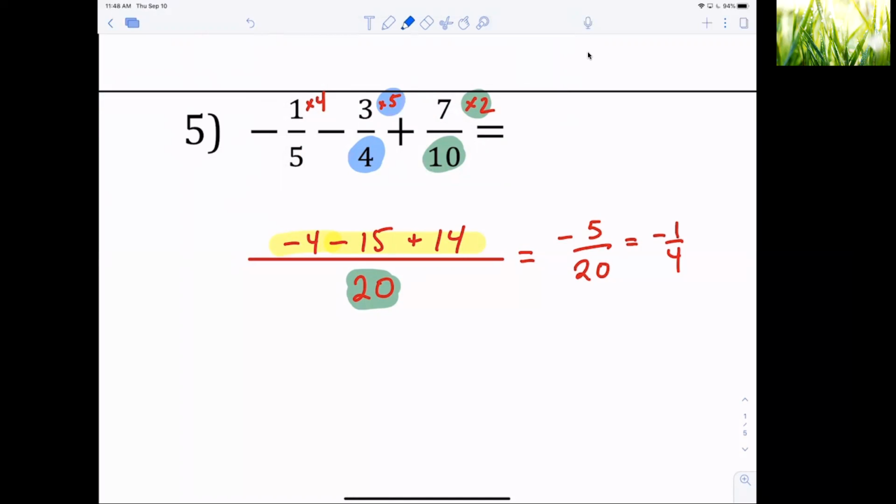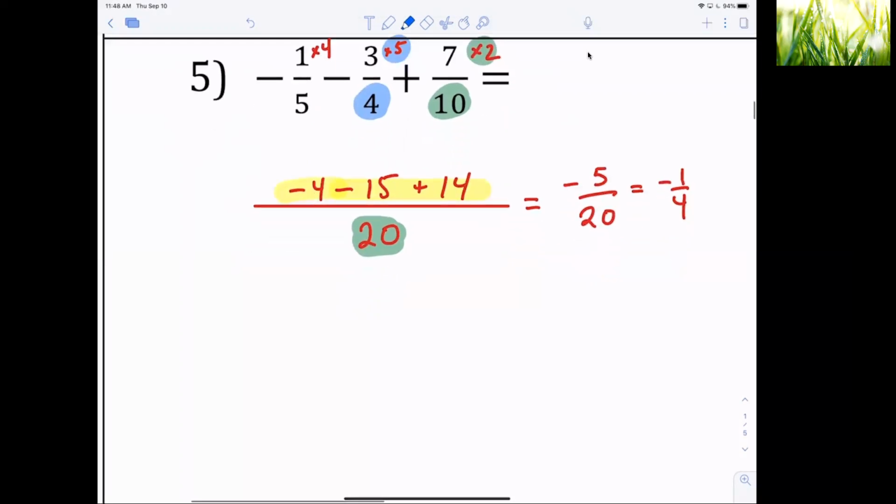All right, negative 1/4. Anybody have any issues with the reducing? Anybody have any issues? I can't hear you. Tell me. Maybe, like, do you subtract all of them? Well, no. You're just going. What's negative 4 and negative 15?